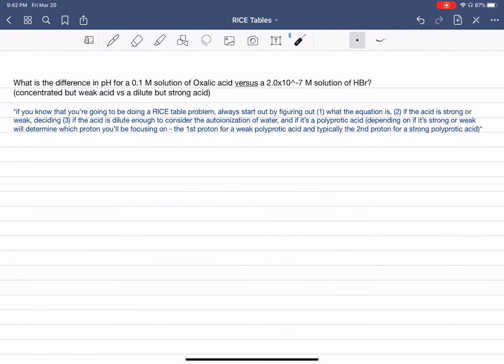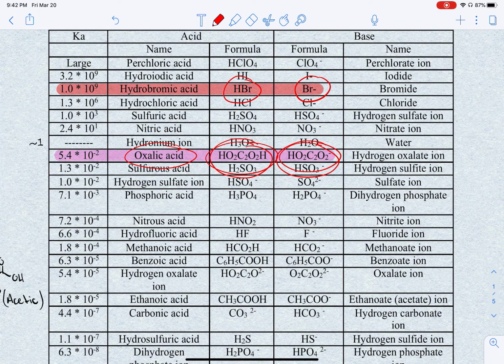And the next thing I look at is right here on number 2, is if the acid is strong or weak. Now, HBr, I can look at the Ka value and say, wow, that is even stronger than HCl, which is right here. So it's a very strong acid.